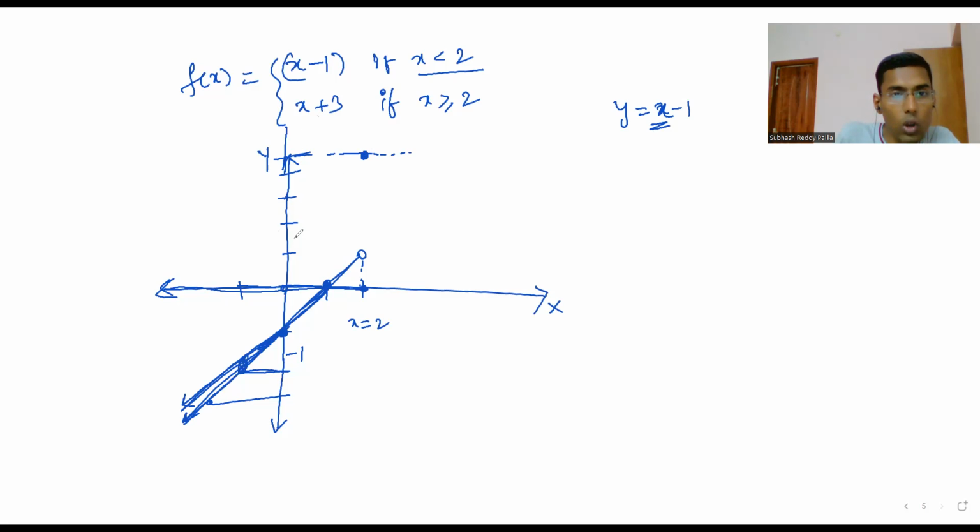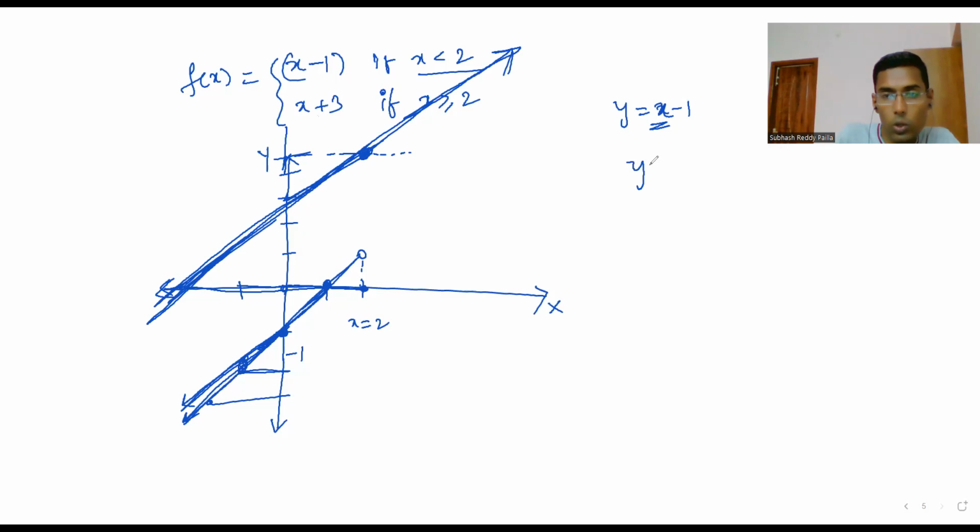And what is the graph of x plus 3? It is exactly like this. The y-intercept is like this. But we should not draw this part. You have to start from here. This part you should draw.